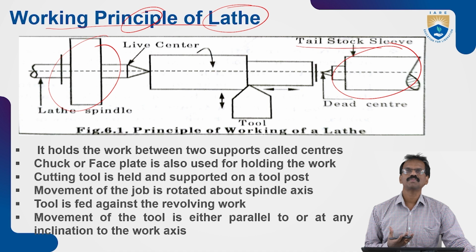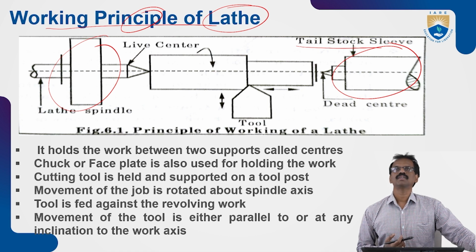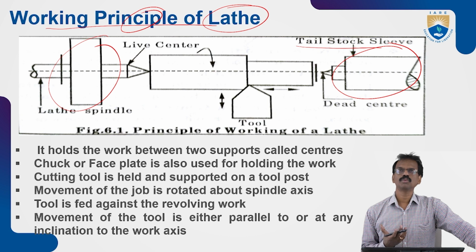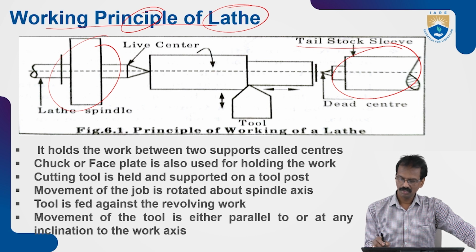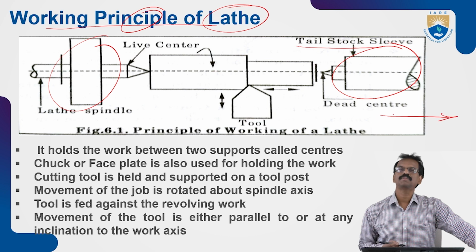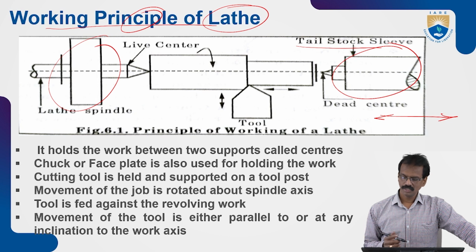The main purpose of the carriage is to hold the tool bit and provide the movements of the tool bit. It provides the horizontal movement, which is parallel to the axis of the lathe machine, or perpendicular movement.